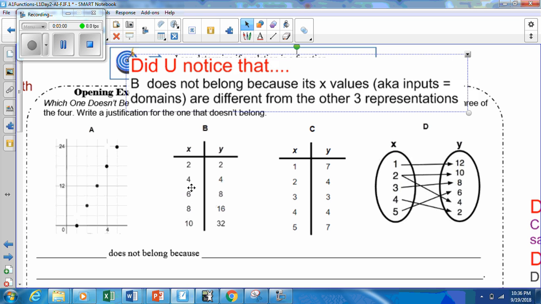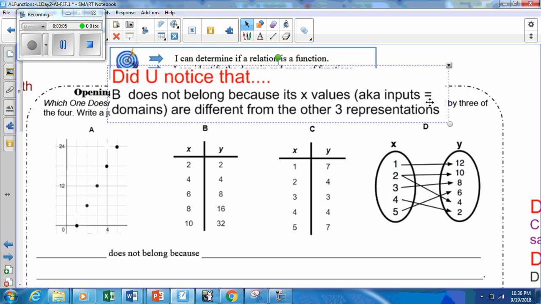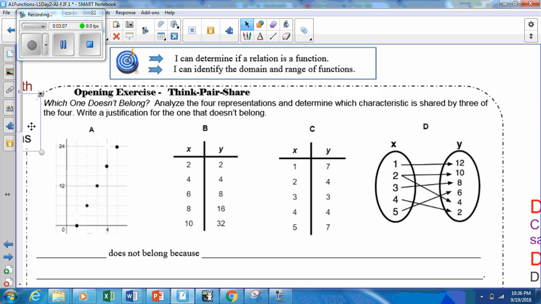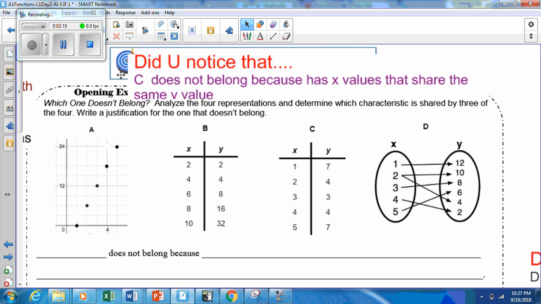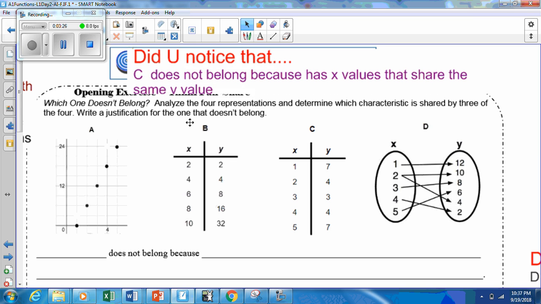There's some other stuff that we could have noticed. What do you guys see in C here? Did you notice that C doesn't belong because the x values share the same y values? So what am I saying here? This x value has a y value of 7, and these y values are both 7.